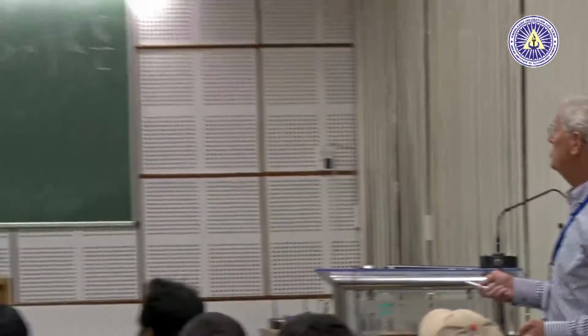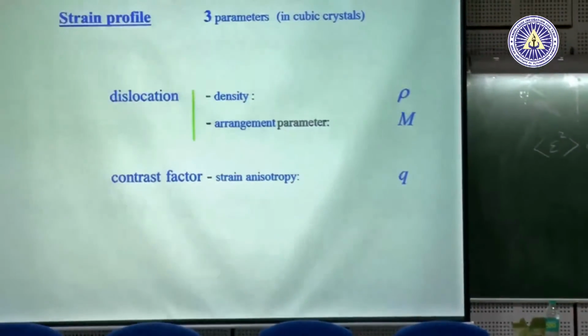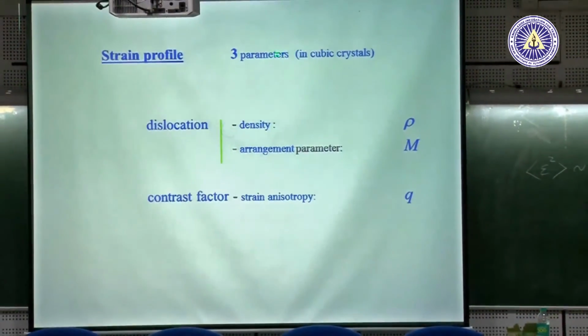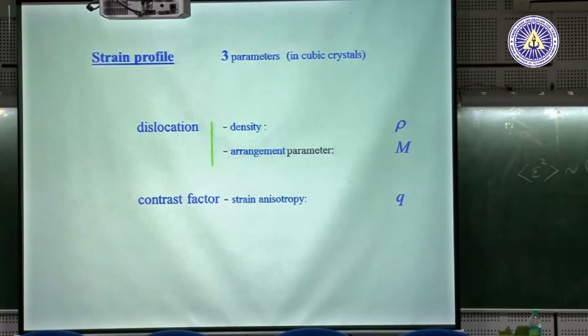So strain profile in cubic crystals can be given by three parameters: the dislocation density and the arrangement parameter, or the dipole character.